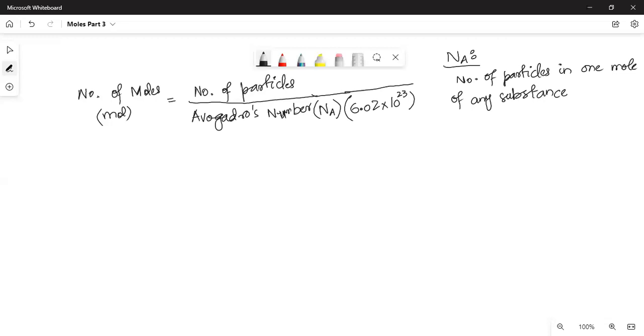Sometimes this definition is extended and the word particles is described, since particle is actually a broader category word. When I use the word particles, I might mean atoms, I might mean molecules, I might mean ions, or maybe formula units.